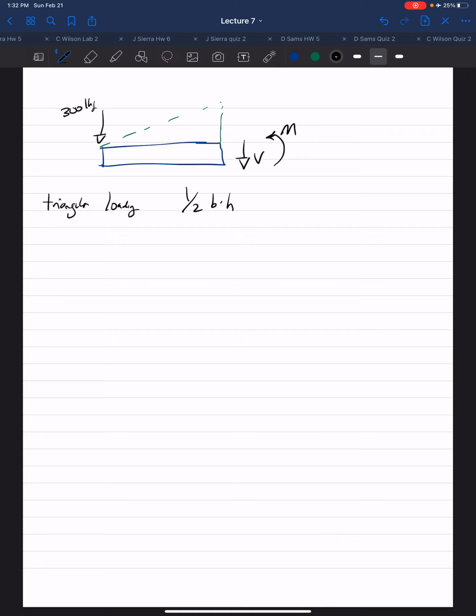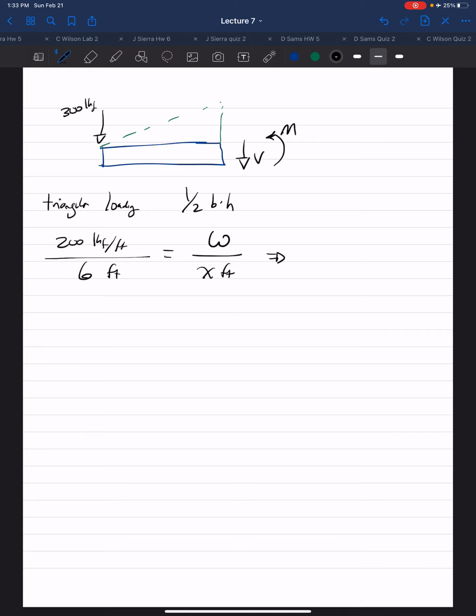Here, the base would be x. So we know for the original length, there is 200-pound force per feet to 6 feet as your W, the loading we're looking for now, for x feet.